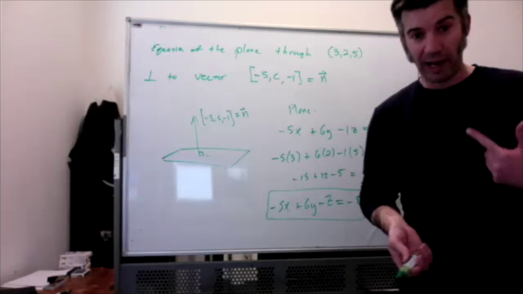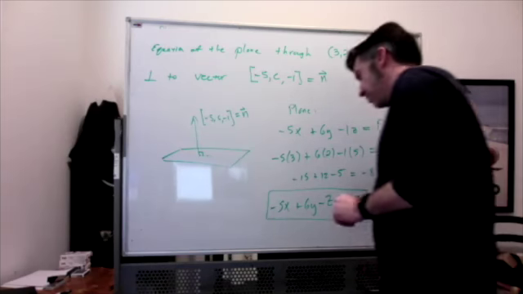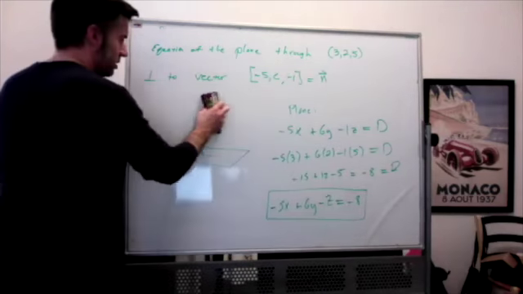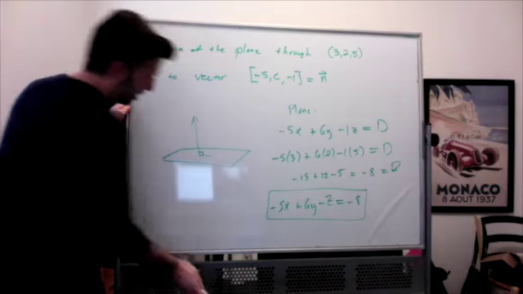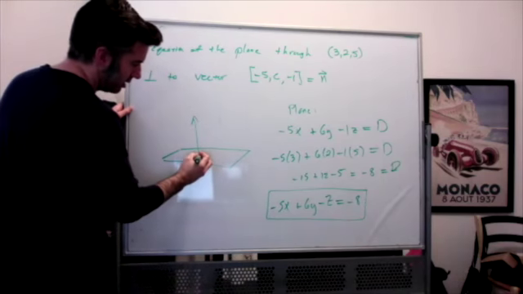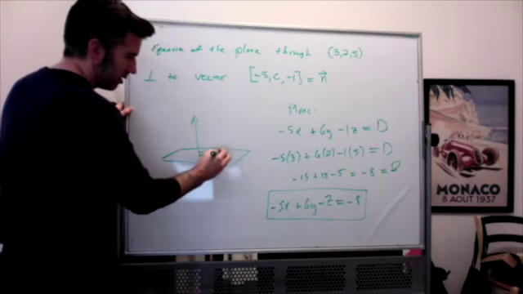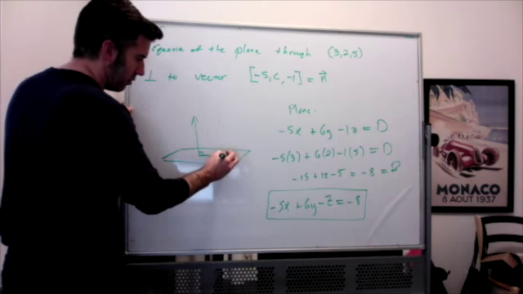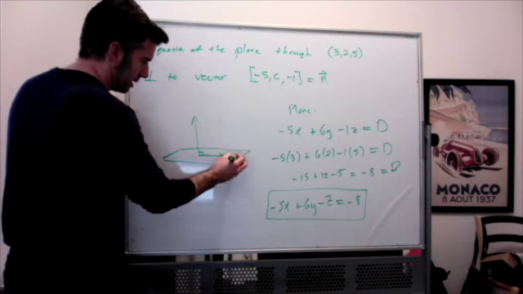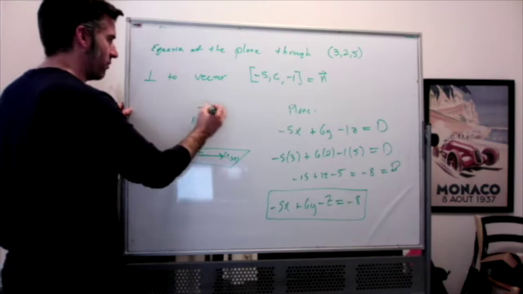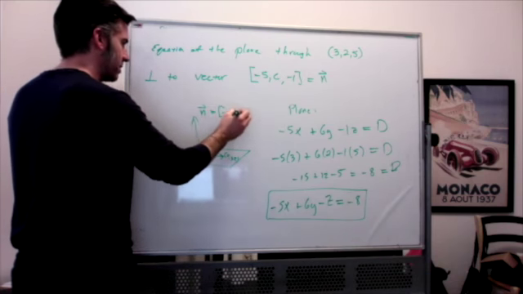Let me explain why it works, just very, very briefly. Just in case you've forgotten how this works, you're basically saying, let's pretend this here is some point (x, y, z) in the plane. This is still your normal vector, (-5, 6, -1).